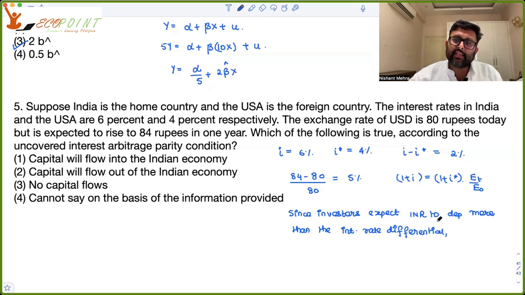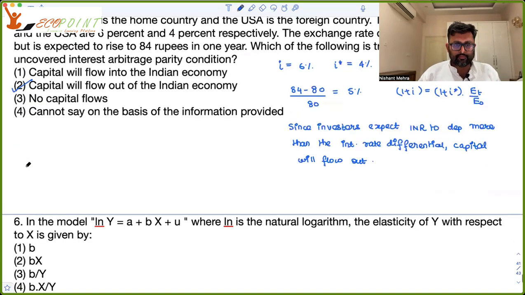So what is the interest rate differential here? It means my country is giving you better returns. Supposedly you are the US investor, but my country is giving you better returns. But you expect my currency to fall more than this interest rate advantage. So you will feel there is no benefit, so just pull the capital out. Capital will flow out. So write differential, or here, in case of interest rate advantage, capital will flow out, right?